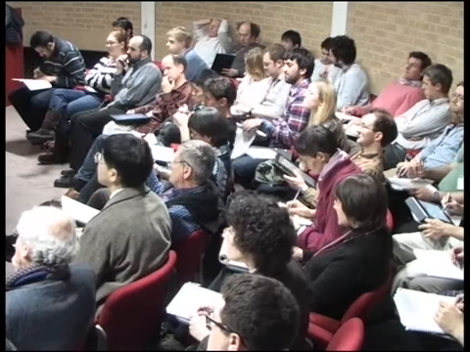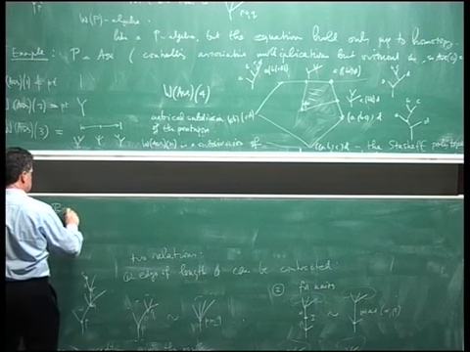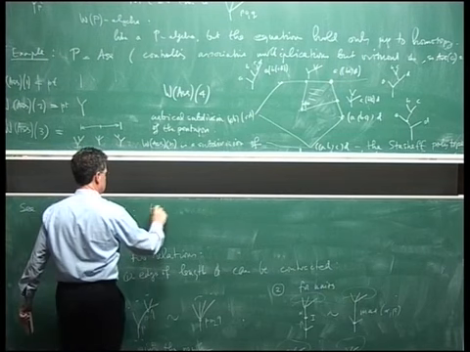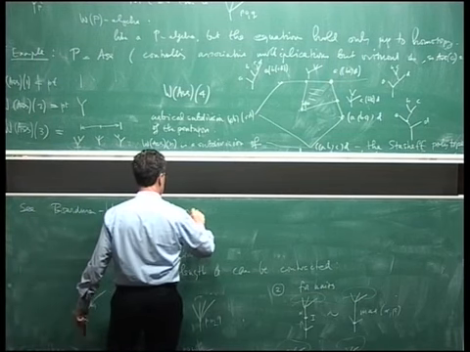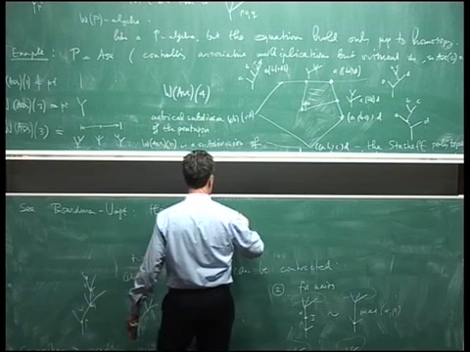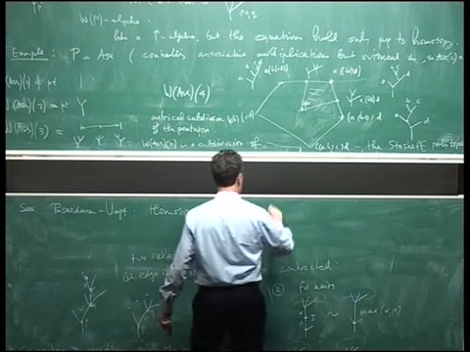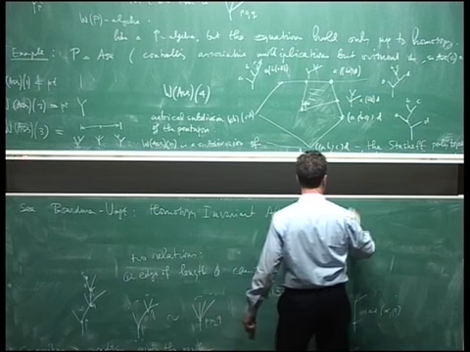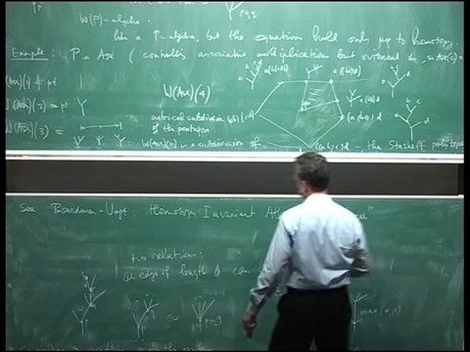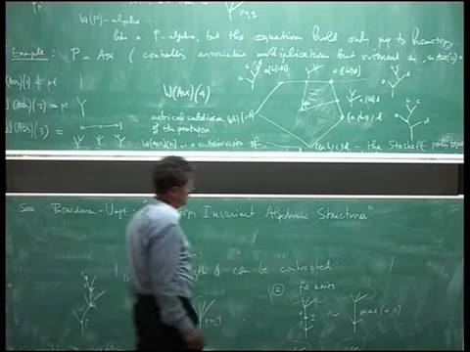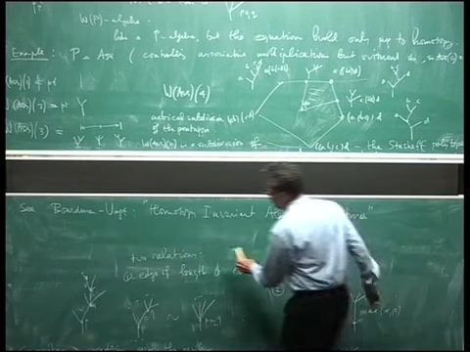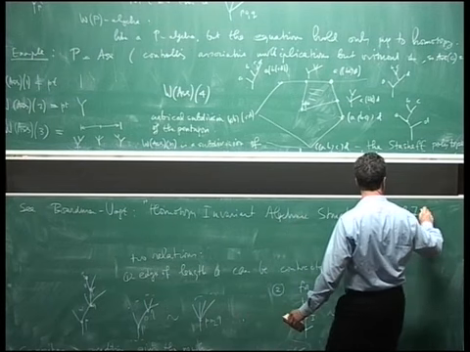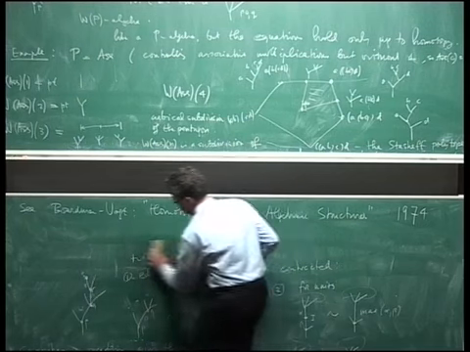So see Boardman-Vogt, Homotopy invariant algebraic structures. The title is a bit longer. It's in topology or on topological spaces, I don't remember. From 1974, I think. Let me check.